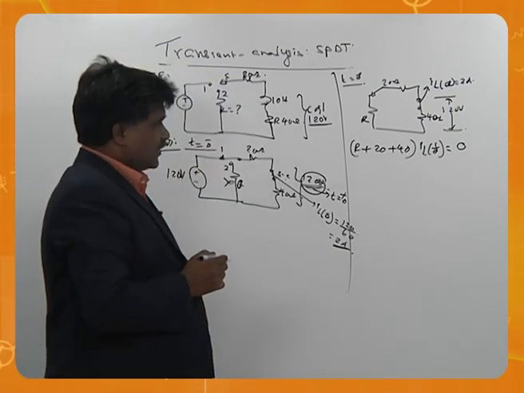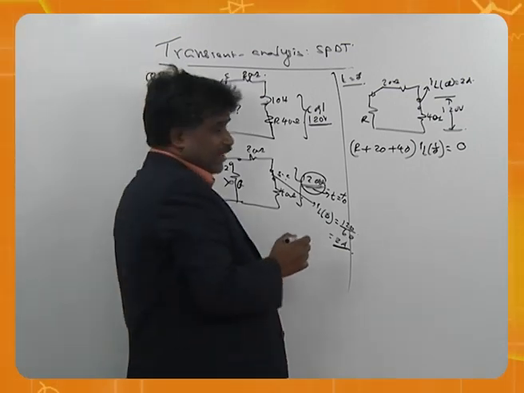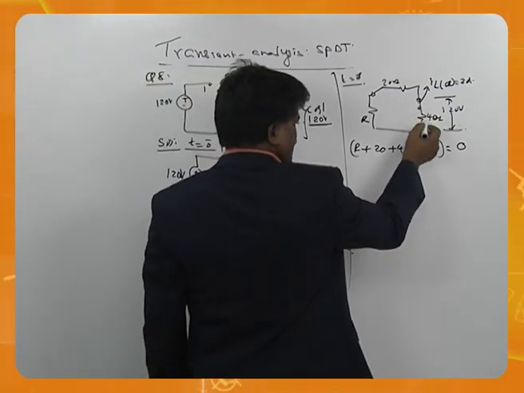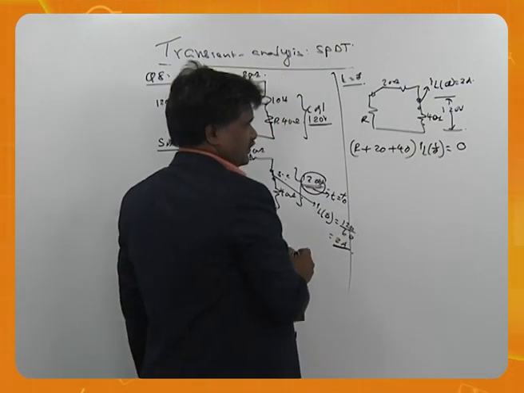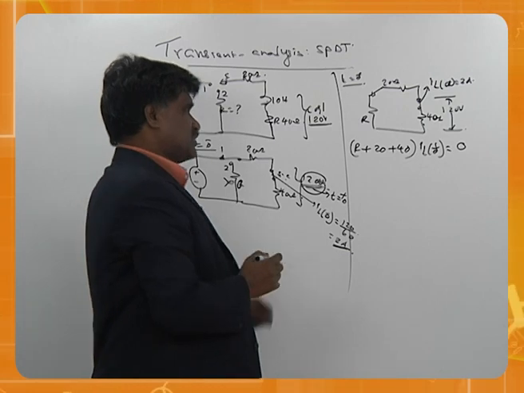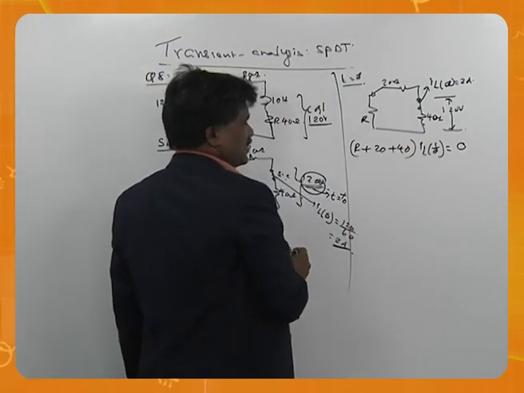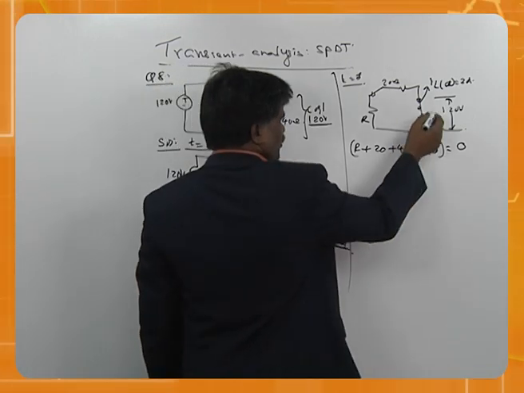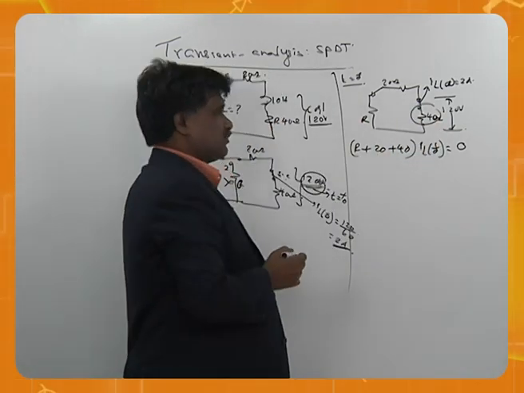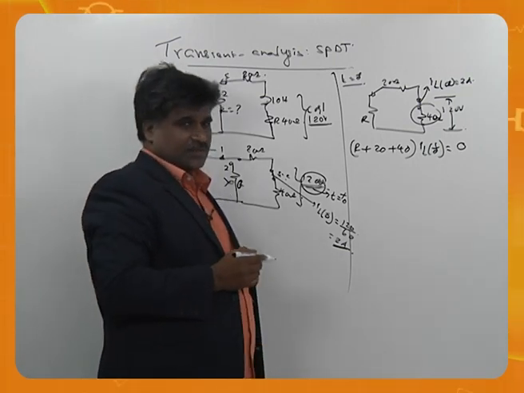But he already said one thing. What he said, across this, he said it is 120. If he is saying across this voltage is 120, across the inductor, then what will be the current here?